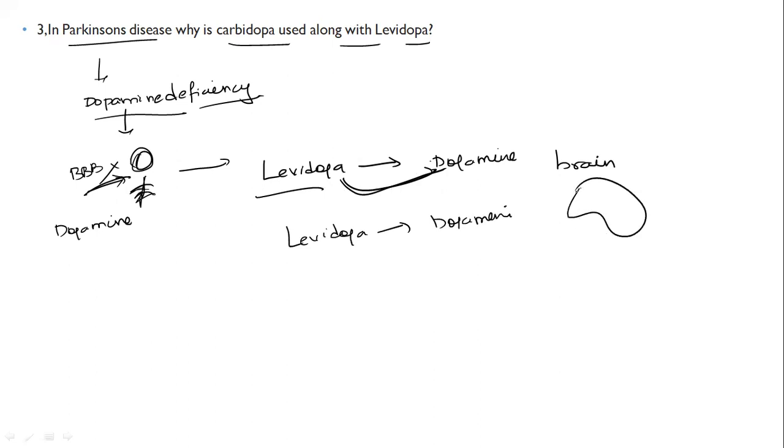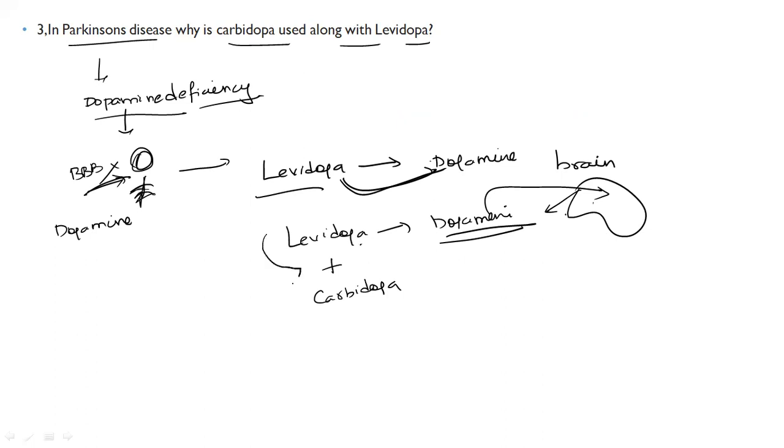What we need is for it to be converted into dopamine only inside the brain, not outside the brain. So in order to prevent Levodopa from converting into dopamine before it reaches the brain, we can give Carbidopa along with Levodopa. Then Levodopa, when given along with Carbidopa, is converted into dopamine only in the brain.